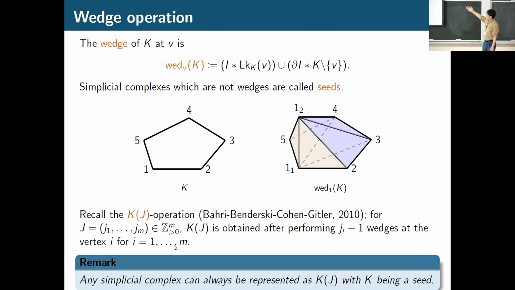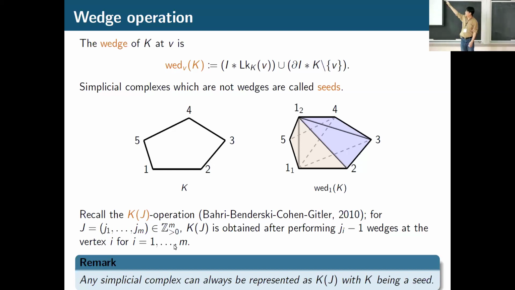The wedge operation is nothing but this. If you have a geometric realization of a simplicial complex like this, then you replace one vertex by an interval appropriately and take the convex hull, and then you get another simplicial complex. That is the wedge operation.